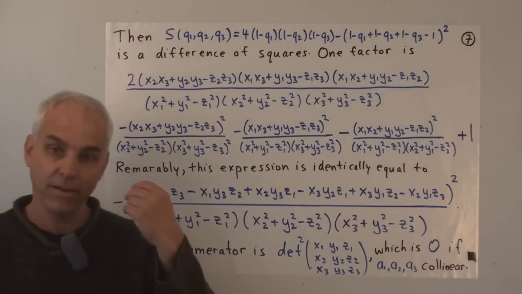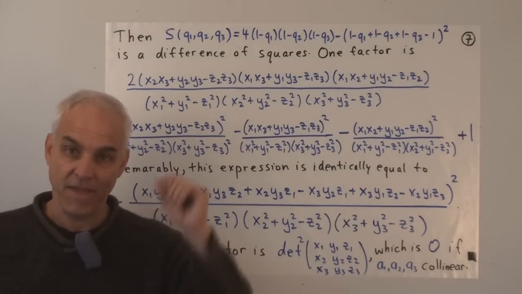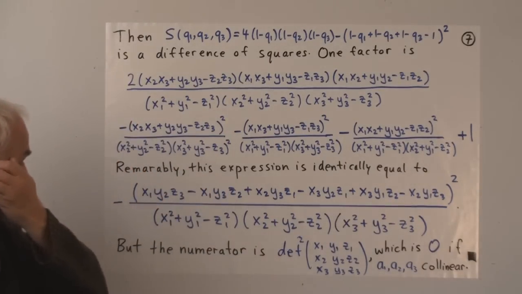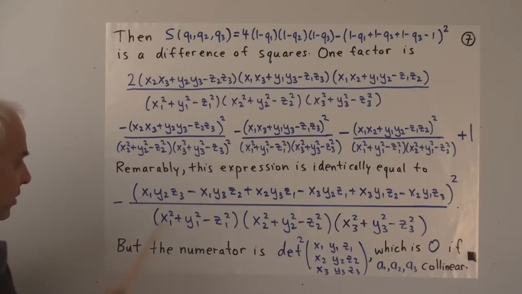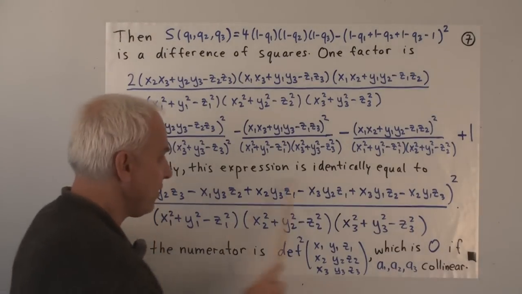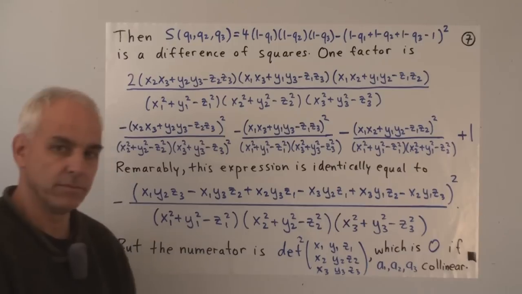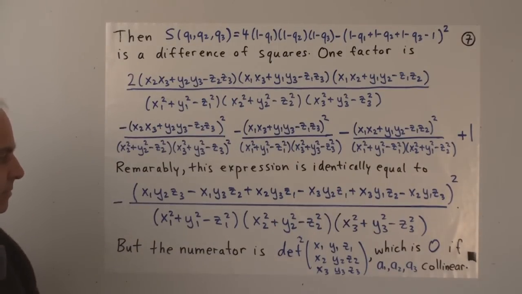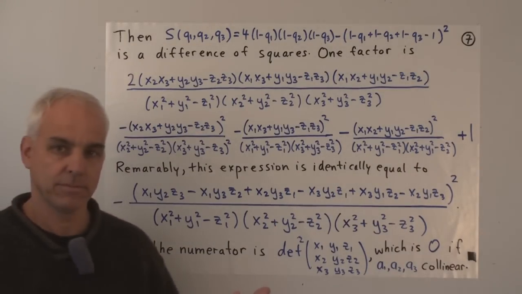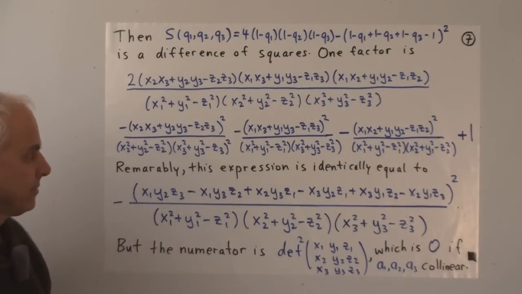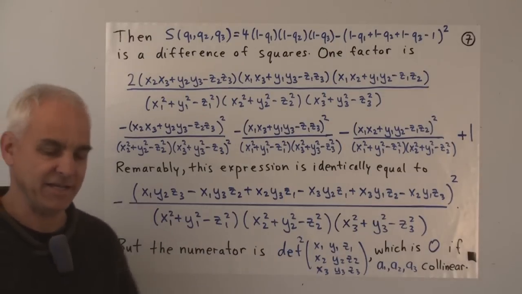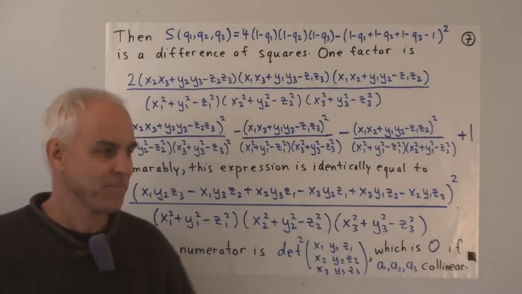Now remarkably, it's an identity that that numerator, up to a minus sign, turns out exactly to be this thing all squared. It's absolutely remarkable. It's like a miracle. It's a fabulous identity. It's a big identity, okay?